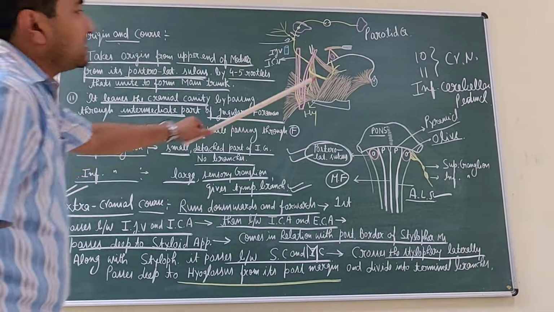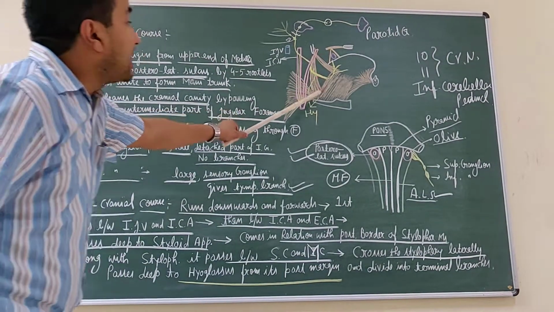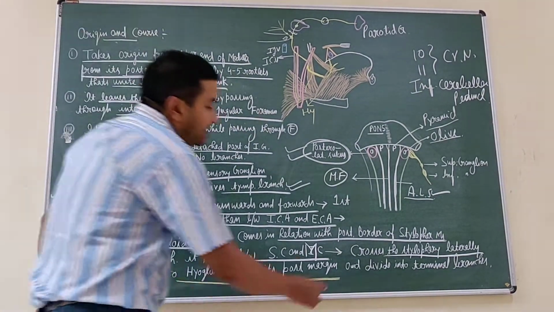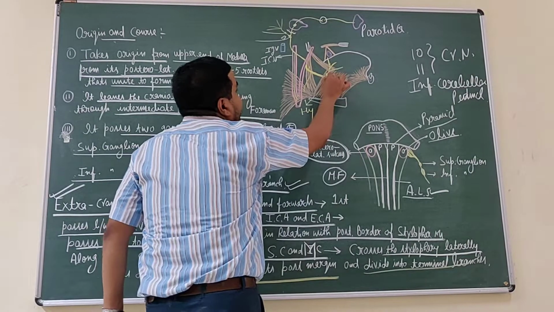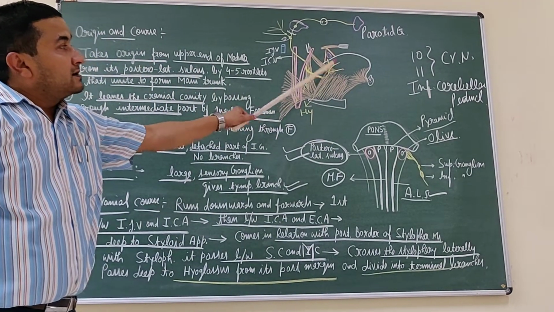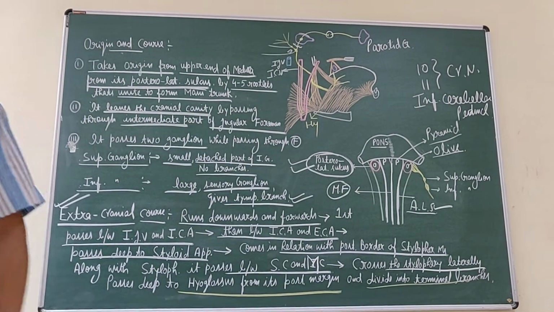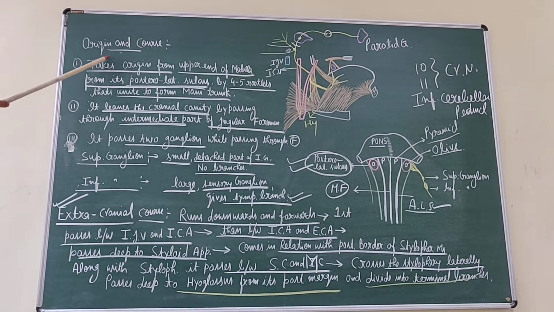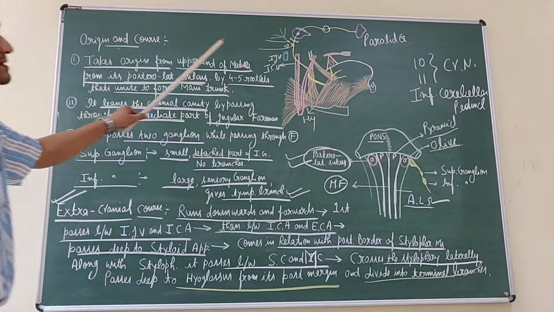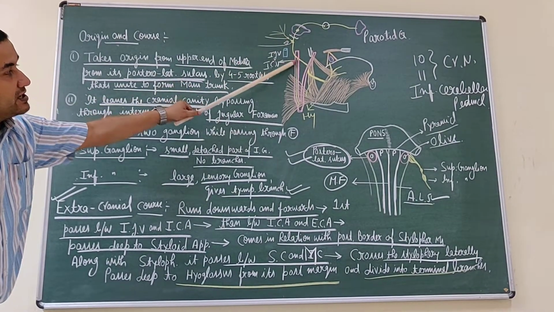One structure is the glossopharyngeal nerve, and then it divides into the terminal branches and supplies the tongue, tonsil and soft palate. So this is the origin and the short course of this glossopharyngeal nerve.